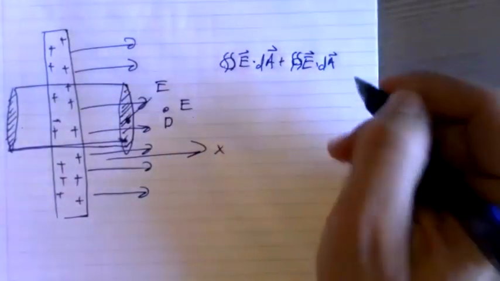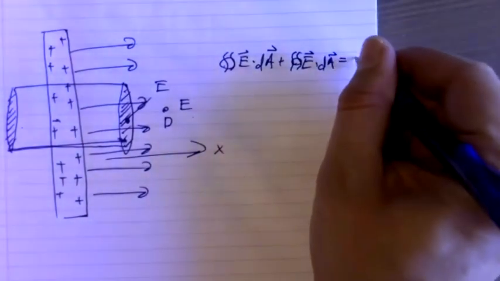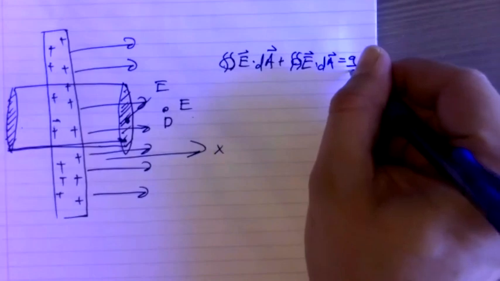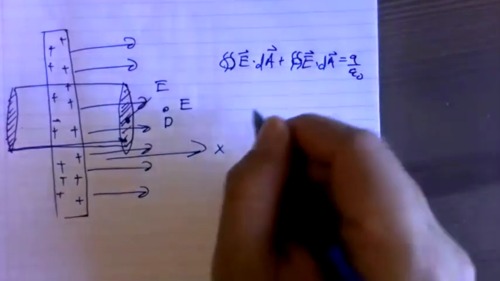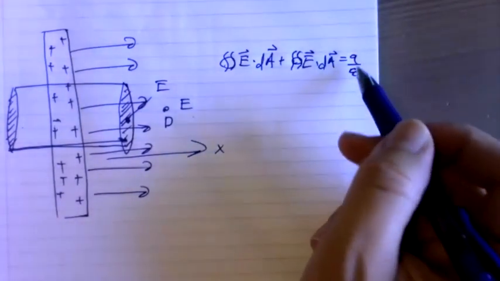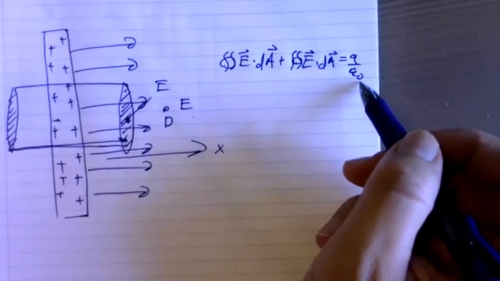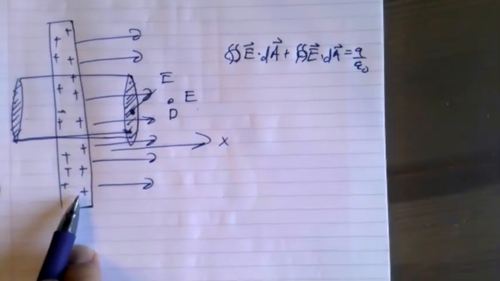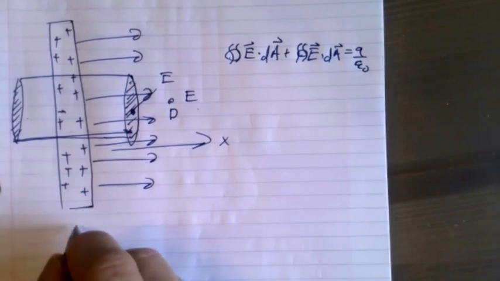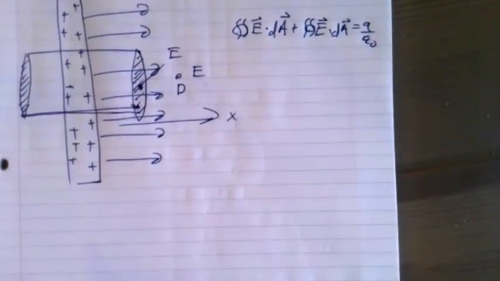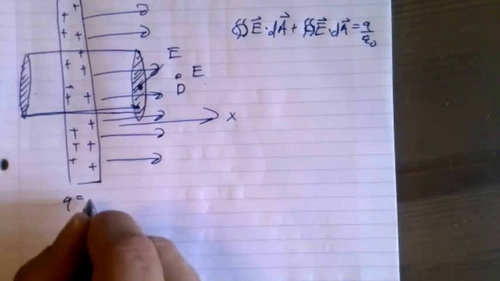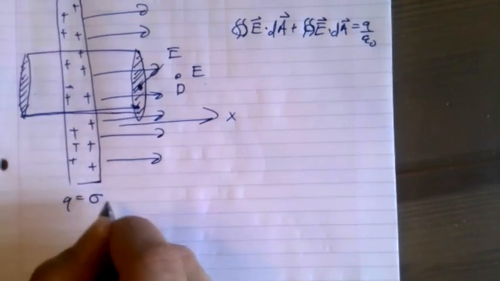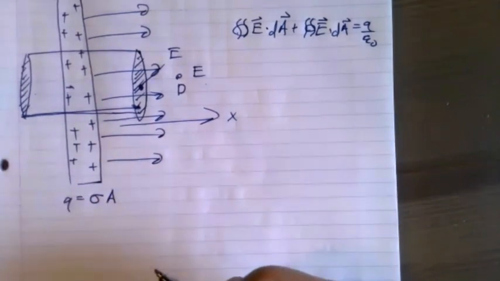Okay, so this will equal Q over epsilon naught, because we always know that this is true. Since we have a surface charge, we can replace Q. So Q will equal my surface charge density times the area.